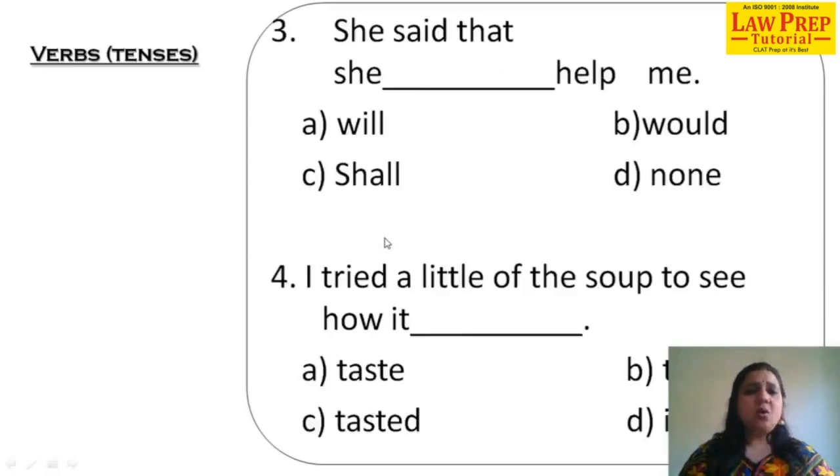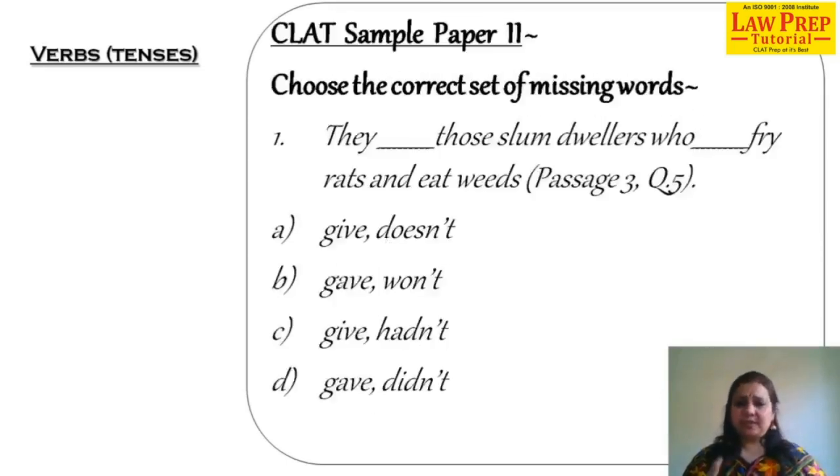You've seen all the 5 questions I did. This was based again on the tense, but this had 2 choices. See, CLAT tested you with 2 choices. In this, gives and doesn't both match, gave and didn't both match. Only the one trick that I told you about the consistency of the tense has to be kept in mind. Now in this, the consistency was present and past only.